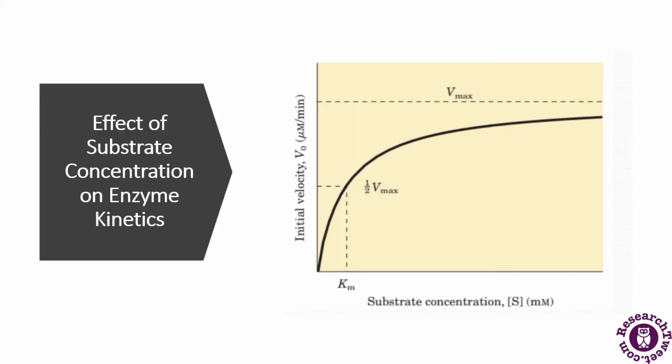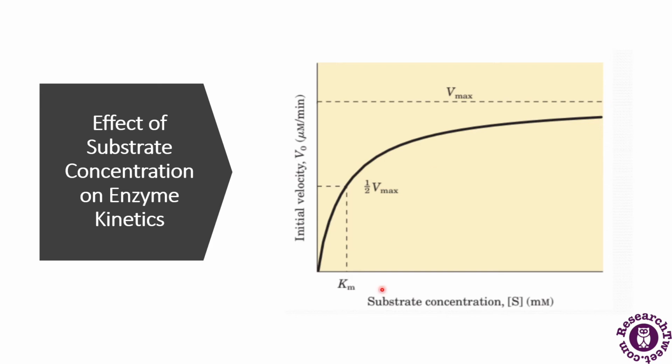Here is a graph which represents the effect of substrate concentration on enzyme kinetics. The concentration of substrate is a key factor affecting the rate of the reaction which is being catalyzed by the enzyme. As you can see here, on the x-axis there is the substrate concentration denoted by the capital letter S, and this is the initial velocity.